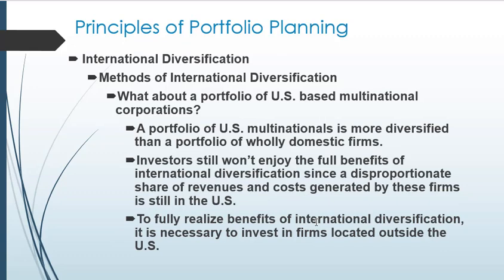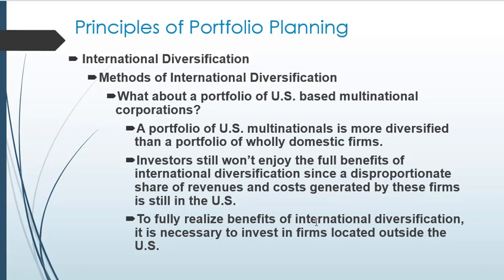So what about a portfolio? Frequently people say, why don't you just buy United States companies that are multinational corporations? So this is a United States company, but it has offices and factories all over the world. Well, a portfolio of international multinationals is more diversified than a portfolio of wholly domestic firms, but you really don't get the full benefit.